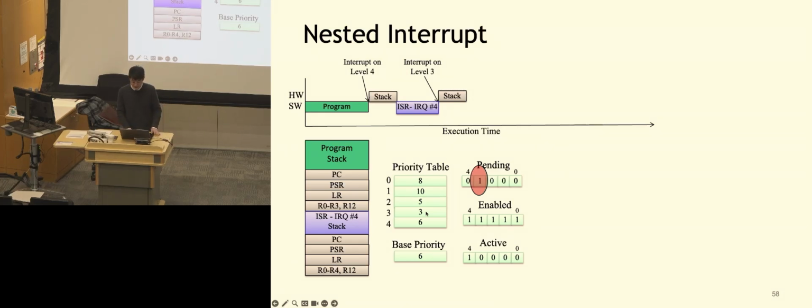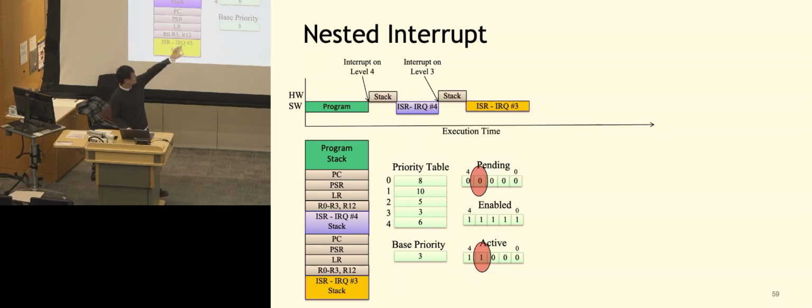And then what we're going to do is stack whatever we have with IRQ4 into the stack, very similar to what we did when we were at the main program. We pull that pending bit down and then put that active bit on because we are essentially going to interrupt request number 3.